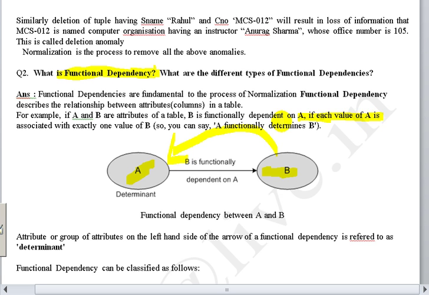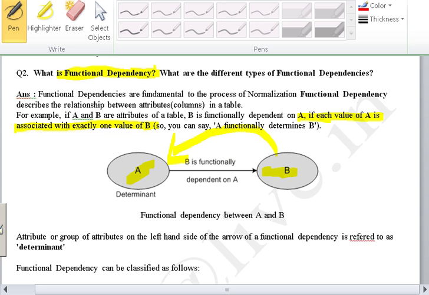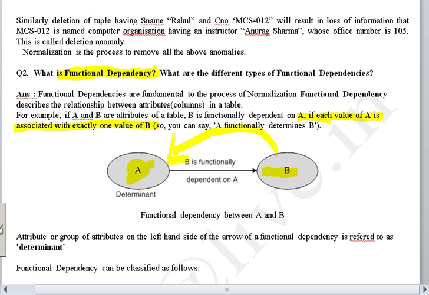This is the same as what we have read in mathematics, a relation, the functions also, isn't it? That each value of A is associated with exactly one value of B. If you are not understanding this, then let me give you an example. We have a table with university registration number, student name and class.